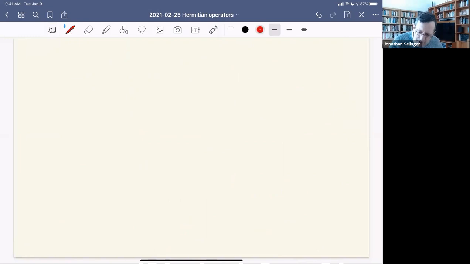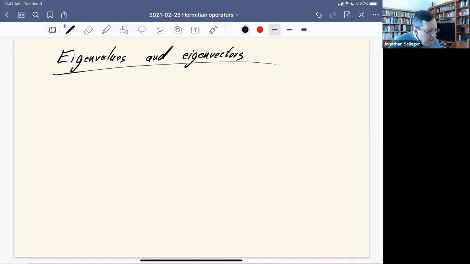So suppose we want to talk about eigenvalues and eigenvectors. Let's think first about matrices. What if we just have a 2x2 matrix?